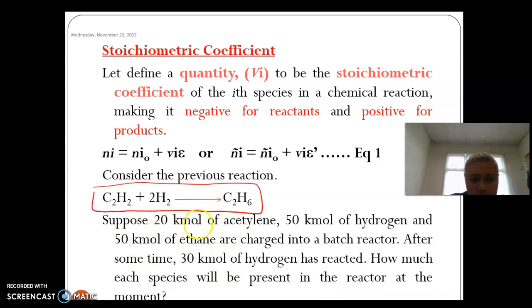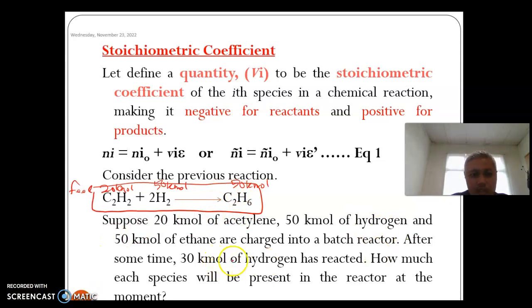We have 20 kilomole of acetylene, this is the feed, and then 50 kilomole of hydrogen, and then 50 kilomole of ethane are charged into a batch reactor. Initially we also have C2H6 in the batch reactor.